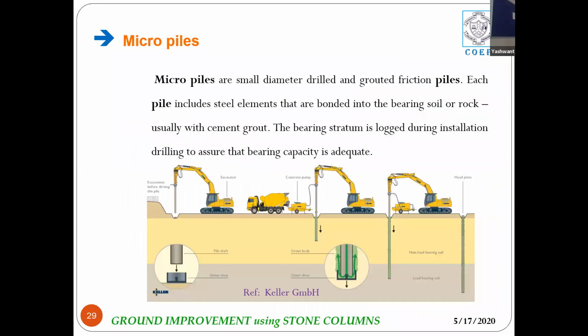The list was given by Schaefer as well as Mitchell regarding the different techniques or methods that are available for ground improvement. So micropiles are also there. These are nothing but small diameter drilled and grouted friction piles. Here a steel element is bonded into the bearing with a proper cement grout, and this grout has to be designed properly.